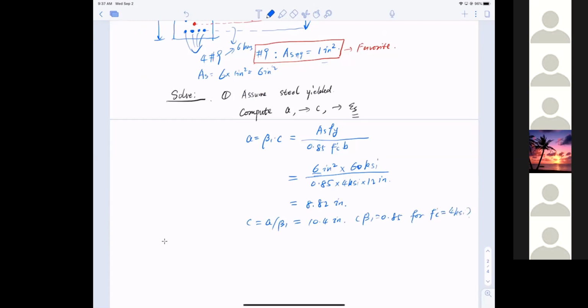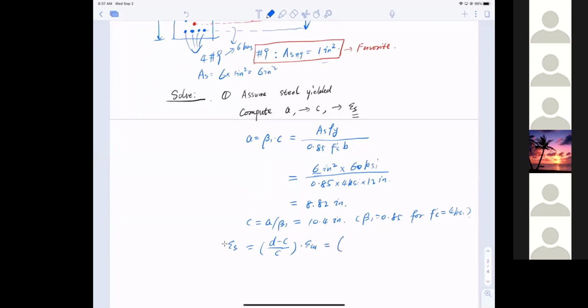Naturally, right now I'm going to use my epsilon s to judge if the steel is still yielded or not. So I'm going to use d minus c divided by c, multiplied by epsilon cu.